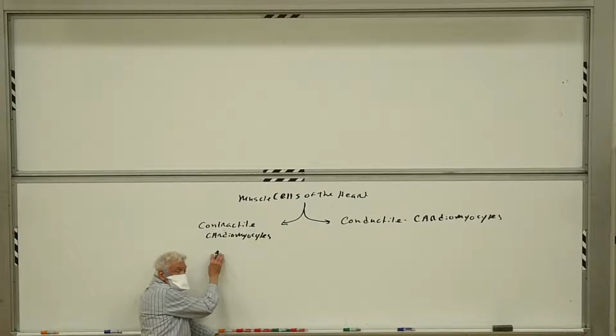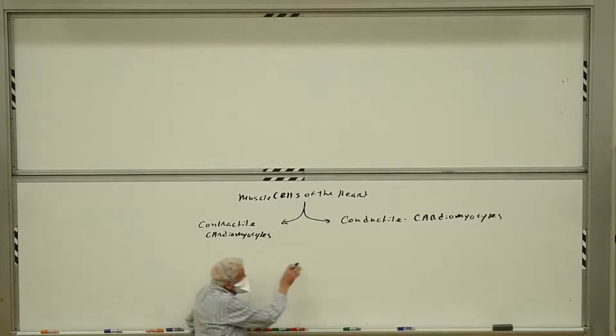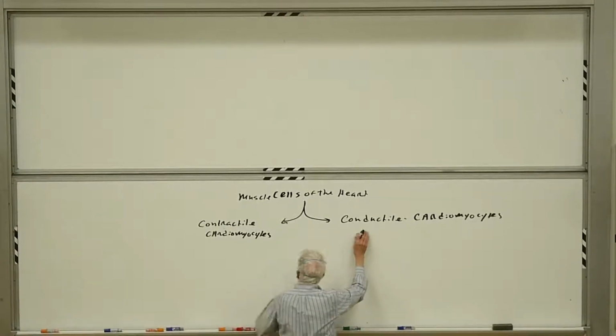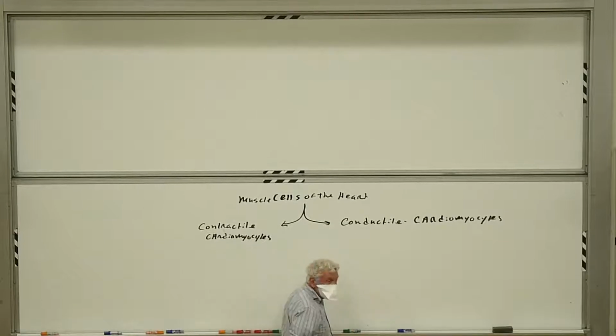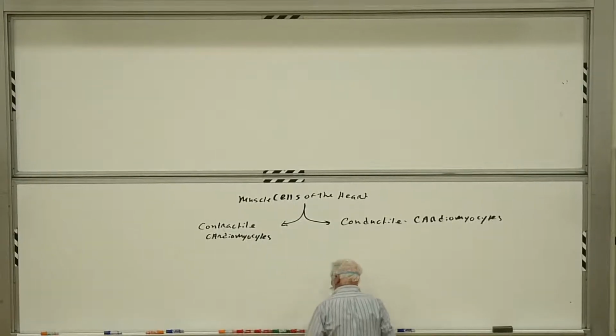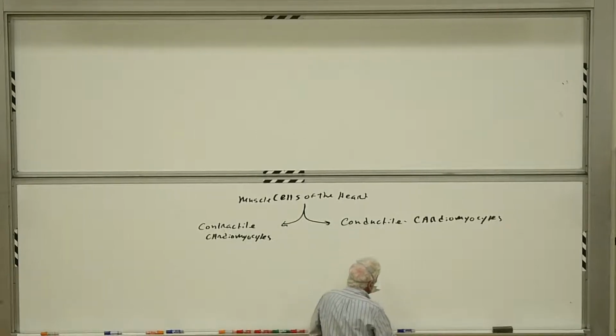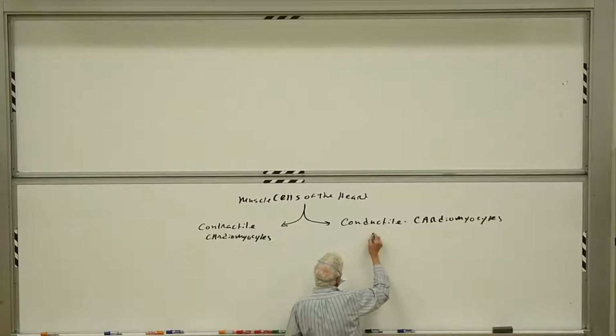Of course, these are the guys doing the work. But these are the guys who are instructing the guys doing the work what to do. So let's look at these conductile cardiomyocytes and talk about them in terms of what characterizes them. First, they are uninucleate.